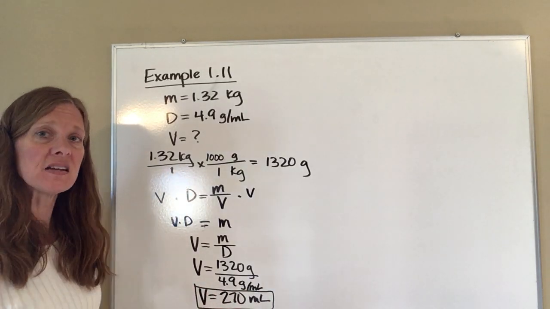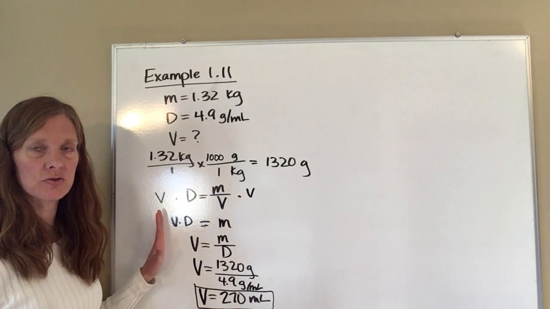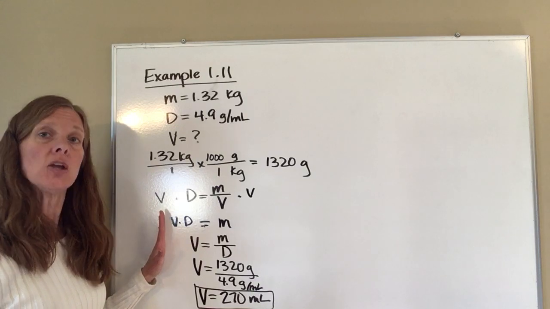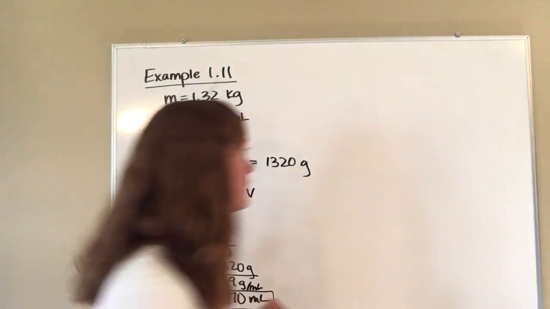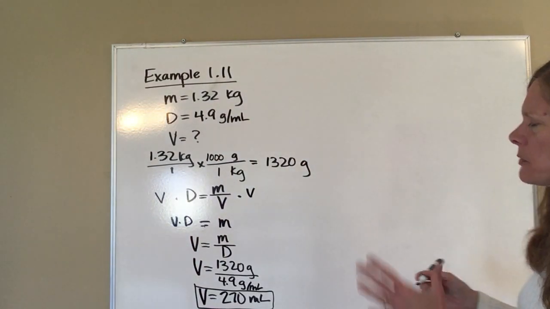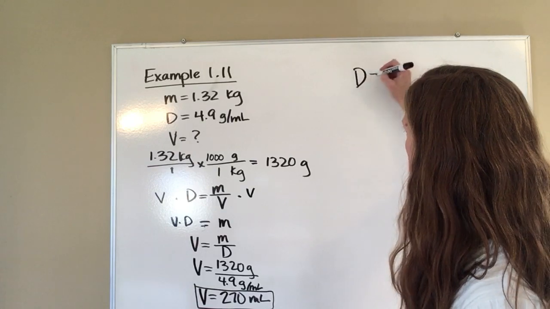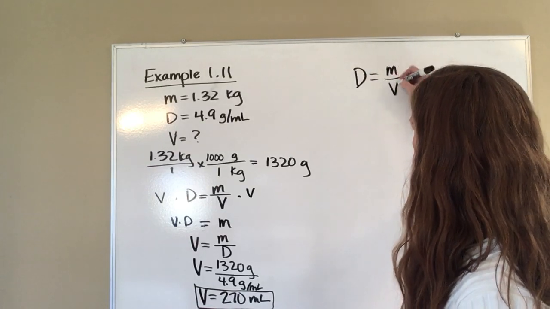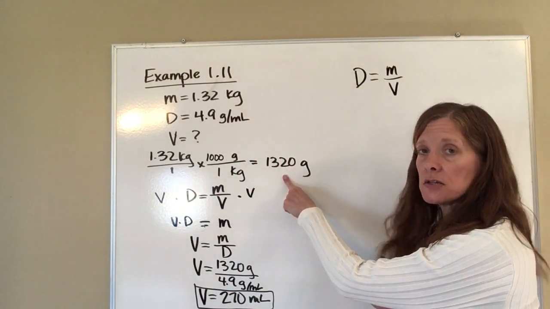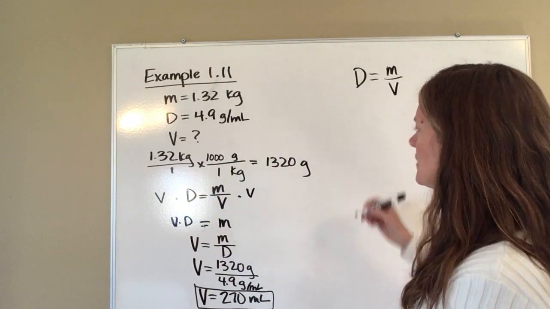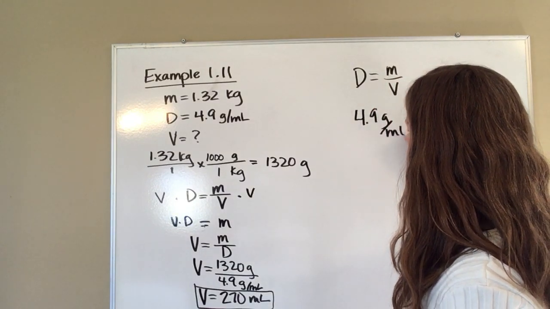Now, if it is confusing to you to rearrange equations just by using the letters, you don't have to do it that way. You can do the problem this way. So I'm going to go back to my original equation, D equals M over V. I still would have had to put the mass into grams first, but the density is 4.9 grams per milliliter.